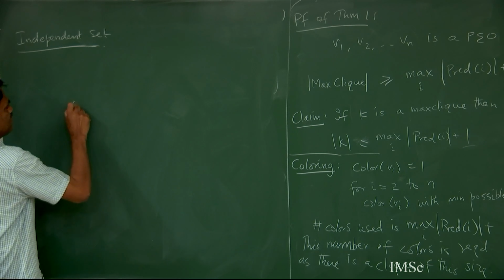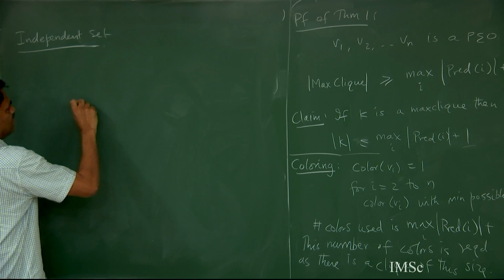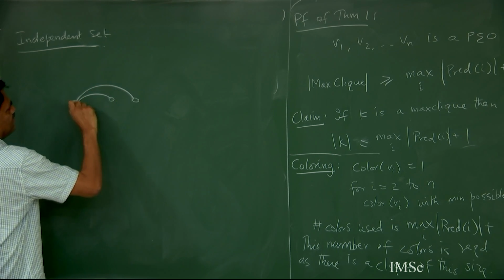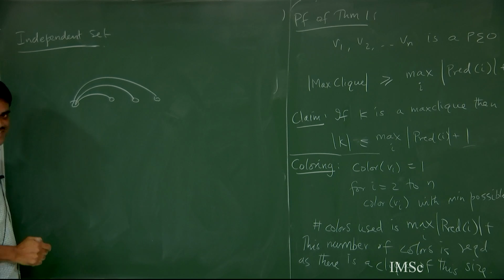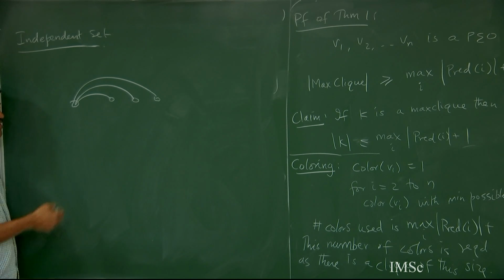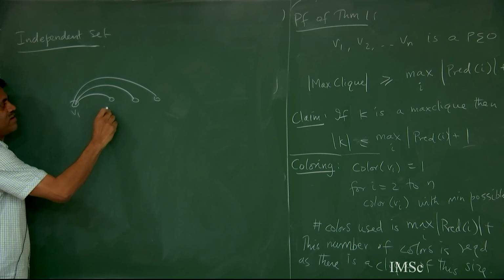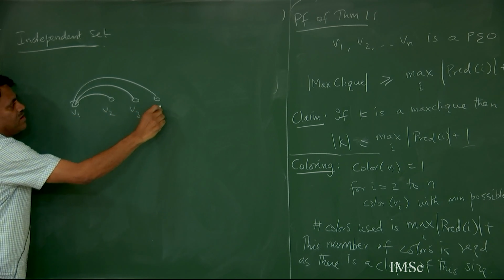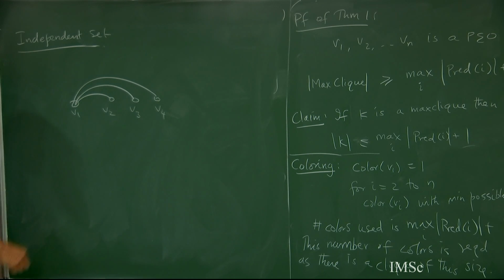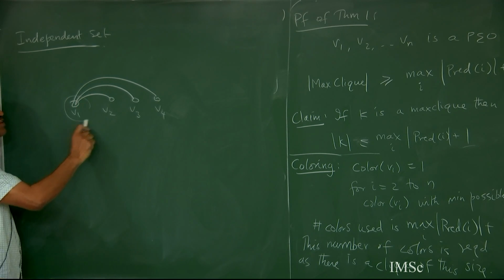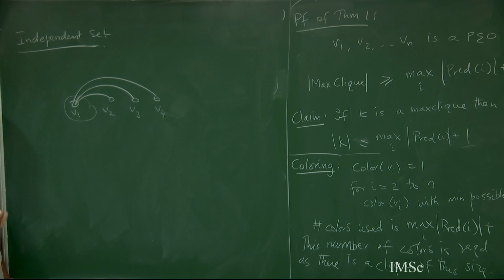So look at this graph. This is a perfect elimination ordering because all neighbors before form a clique. If I pick V1 into my solution, that's it. I can't pick anything else, and this is not a max independent set.